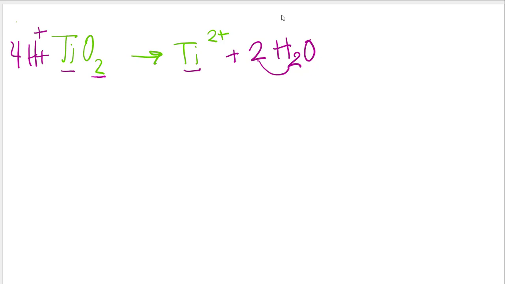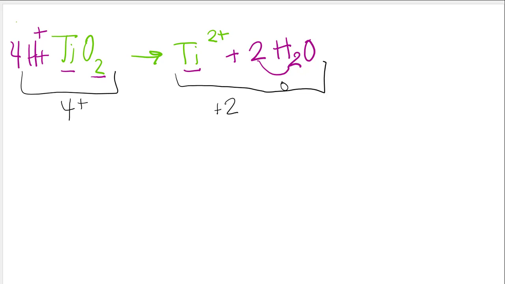All right, now let's look at what our overall charge is so we can balance our charge using electrons, which is step number 5. So I'm going to look at my left side and I'm going to say, okay, I've got 4 plus on the left because of those 4 H pluses, because our titanium dioxide is neutral. On the right, I have my 2 waters, that's neutral, and I have 1 titanium 2 plus, so just plus 2 on the right.